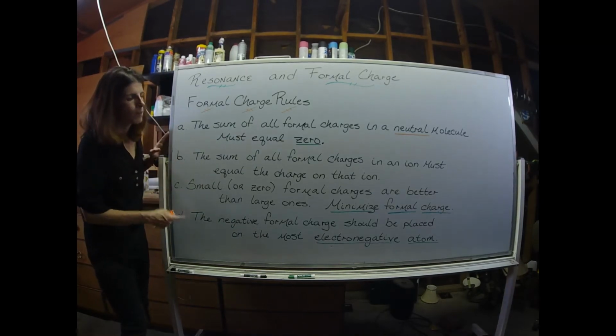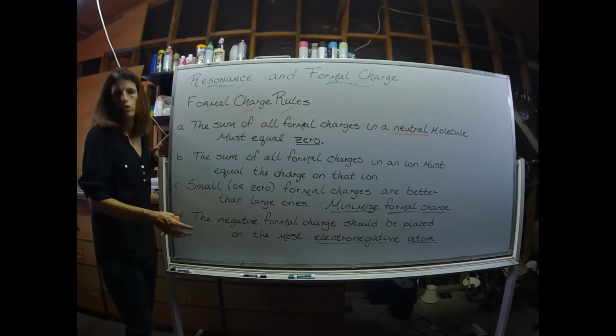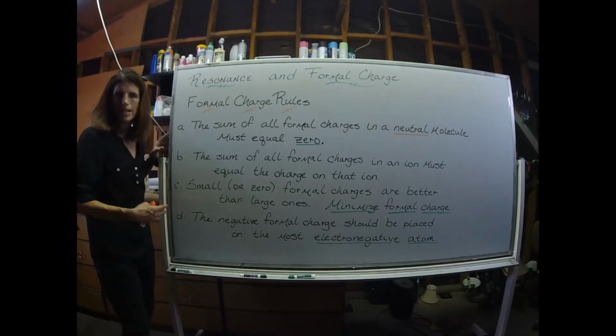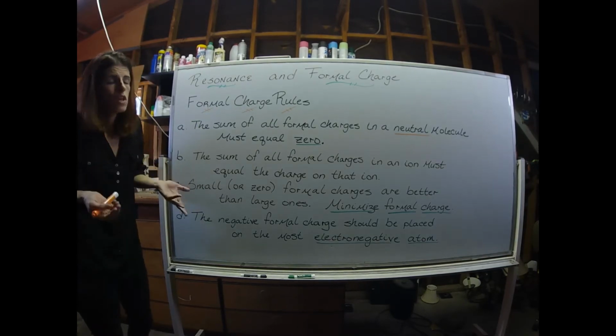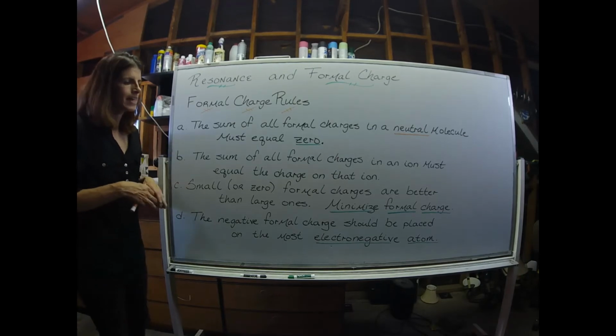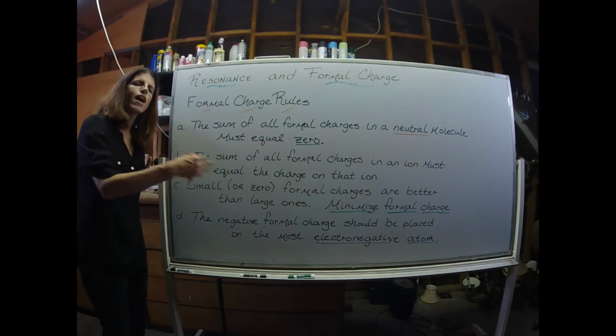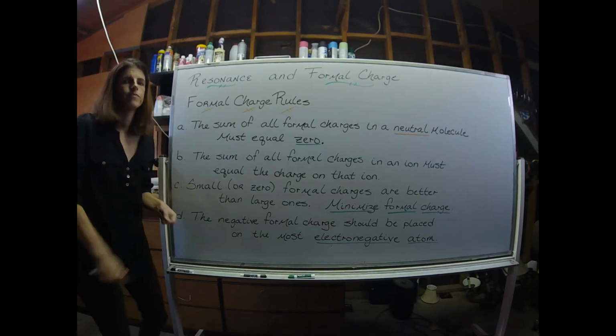So we want to put that negative formal charge on the most electronegative atom. Makes sense, right? The electronegative atom is going to be pulling in those electrons, so more than likely it would have the negative formal charge. And that can help us decide between two very, very similar looking structures, which one is better.